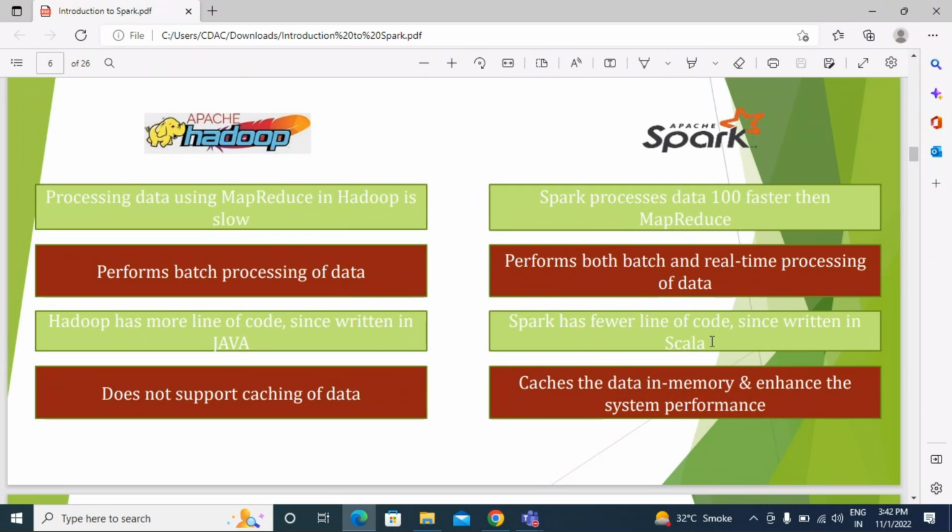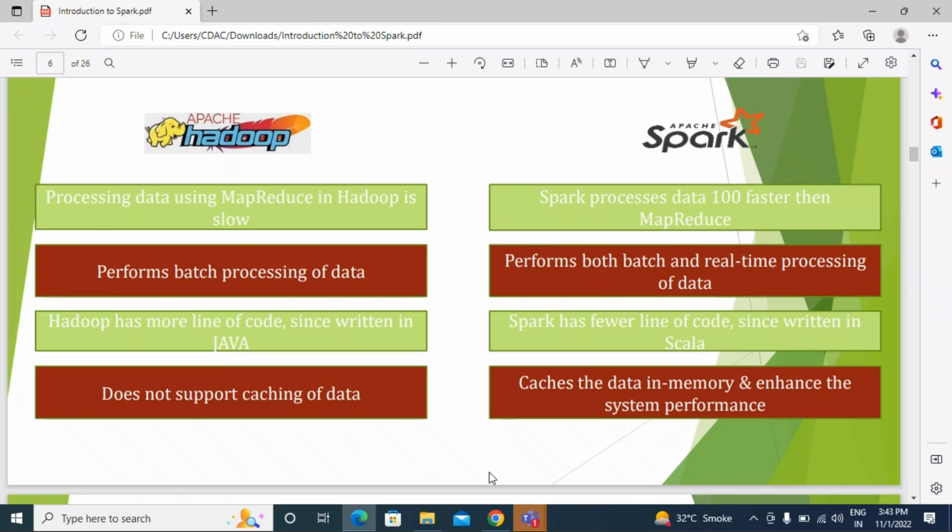Because we can write code in Scala, which is much more concise than Java. Scala is basically an extension of Java, and it is much more concise. Lines of code are very small in Scala. If you are doing Spark programming in Python, you can also encode a lot of functionality in very few lines. So with Spark we have fewer lines of code.